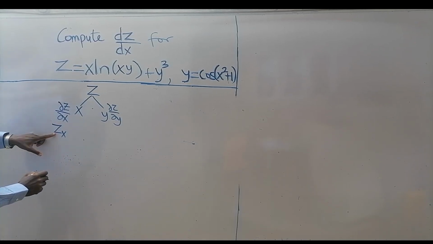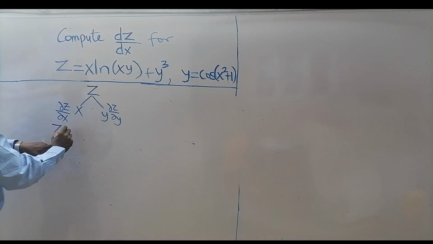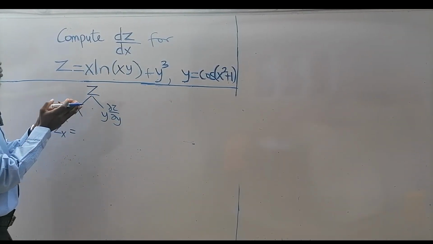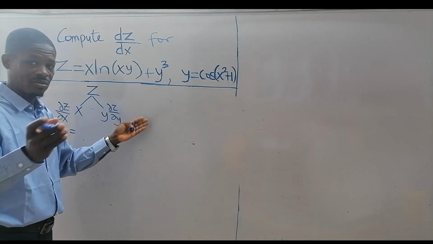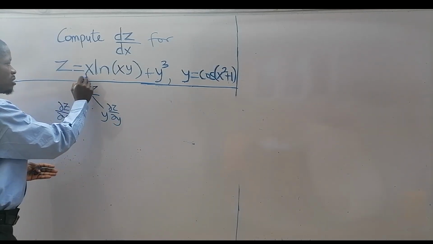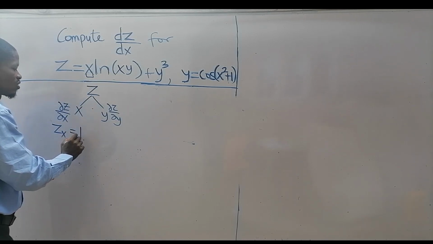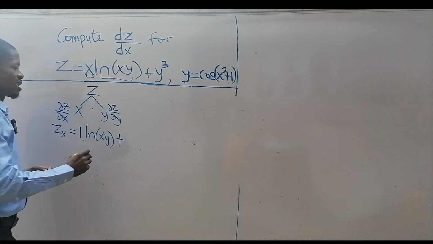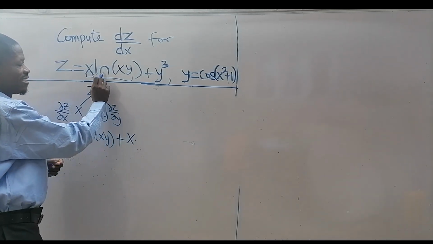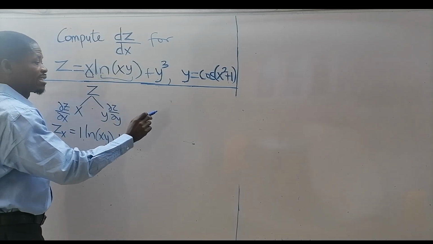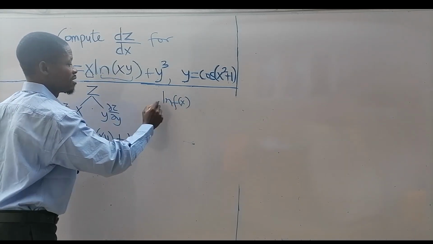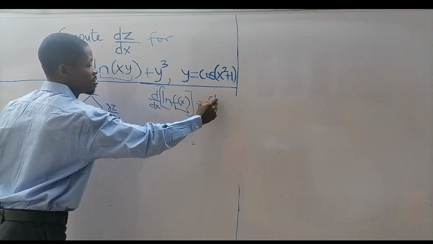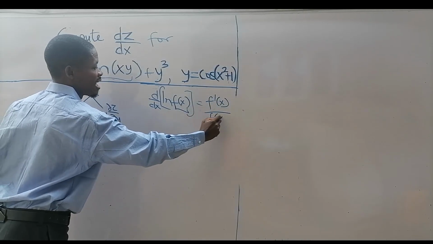The partial derivative of z with respect to x: in this case we have two variables, x and y. So when you are differentiating with respect to x, the other variable is kept as a constant. I'm differentiating this one with respect to x, that's 1. I'm keeping this one constant, that'll be ln of this function. Now keep your x constant and differentiate the natural logarithm. Don't forget, the derivative of ln f(x) is the derivative of the composite function all over the function itself.